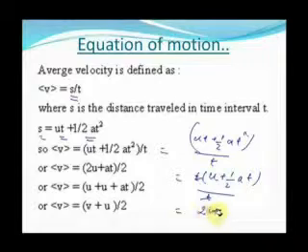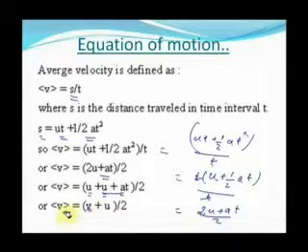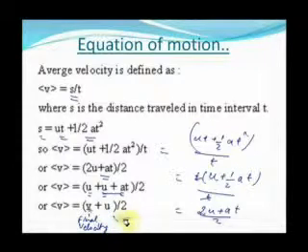We can cancel out t here, so we are left with 2u plus at by 2, which we have written here. So average velocity is 2u plus at by 2. Now 2u can be written as u plus u. So average velocity is u plus u plus at by 2, and u plus at is nothing but v. So finally we can get a relationship, that is average velocity is equal to v plus u by 2, where v is the final velocity and u is the initial velocity.